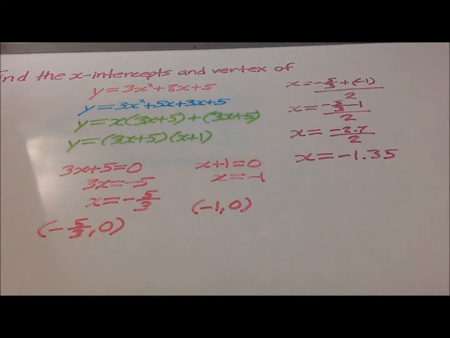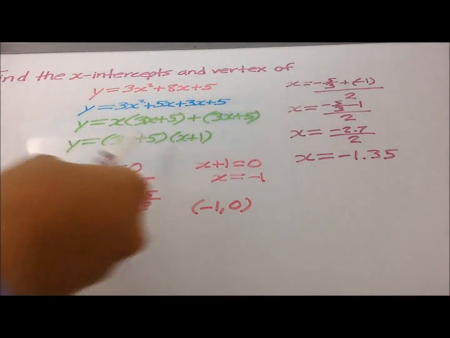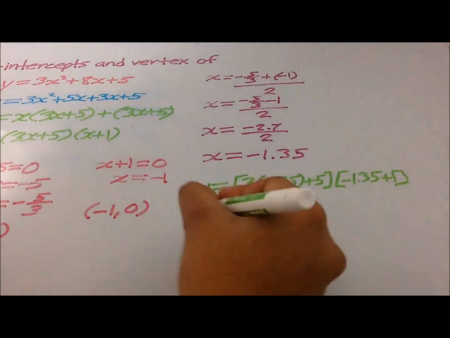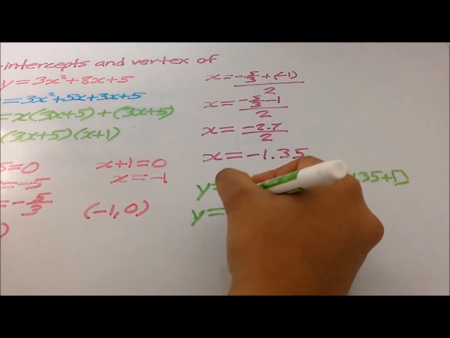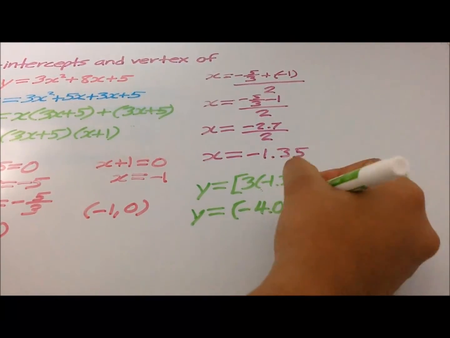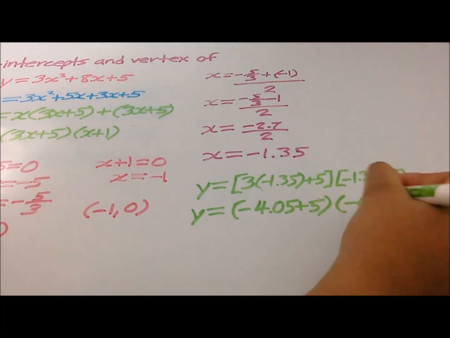Now we have to find the y value of the vertex, and we can do this by substituting the x value that we just got into this equation. This gives us y equals negative 4.05 plus 5 times negative 0.35.